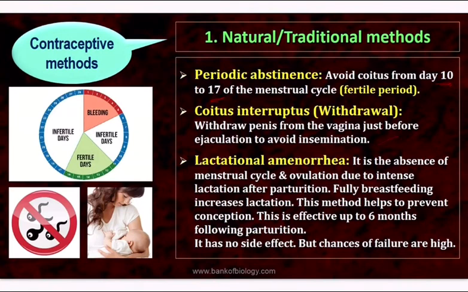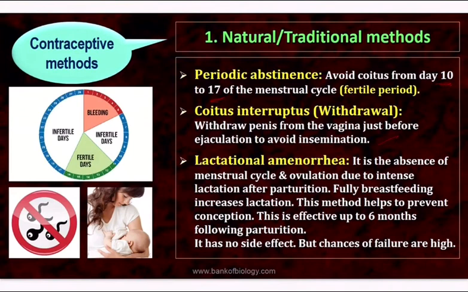It is not a very safe one. Okay, periodic abstinence is not a guaranteed one. And second one, coitus interruptus, that is withdrawal of the penis from the vagina just before ejaculation to avoid insemination. Idea is not to release the sperms inside the female reproductive tract.